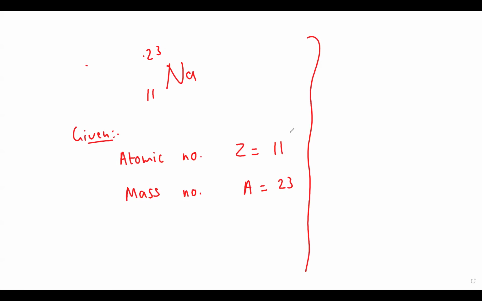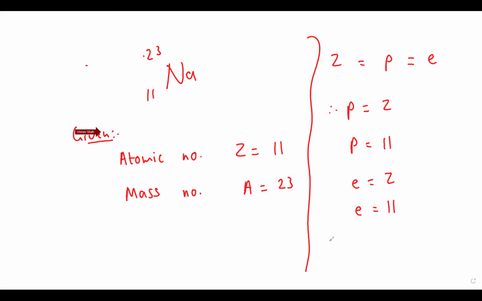Therefore, the number of protons will be 11. Atomic number Z is equal to proton, so proton is 11. Electron is also equal to Z, so electron is also 11.